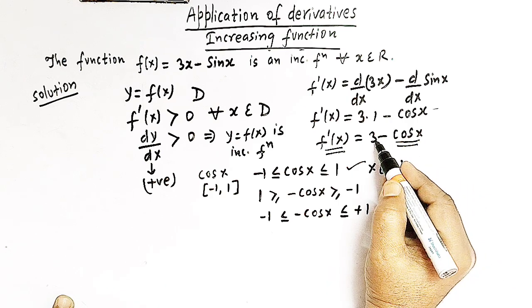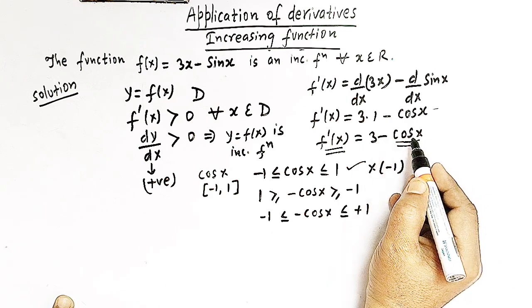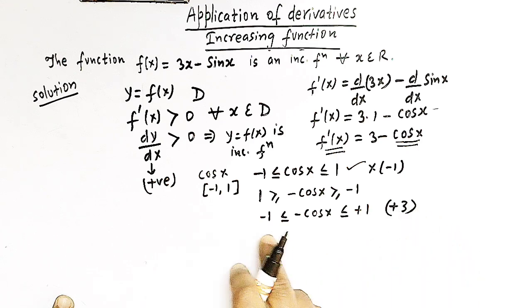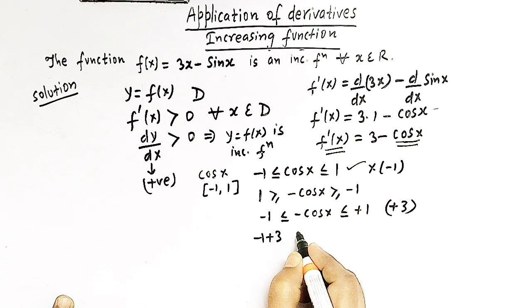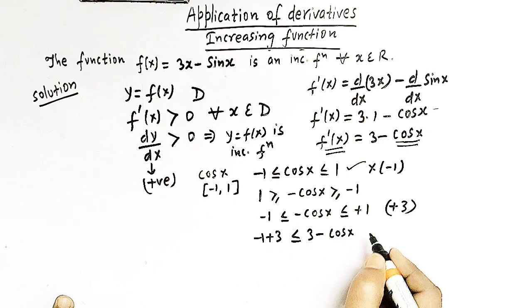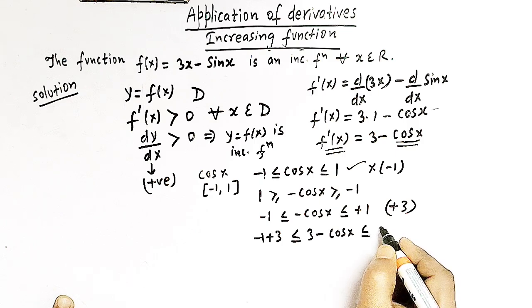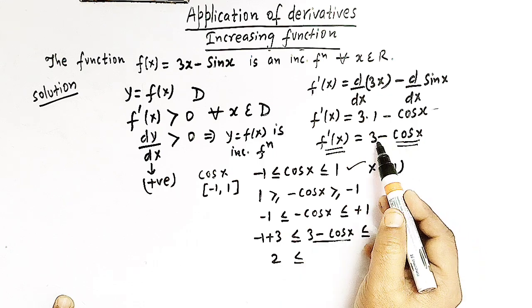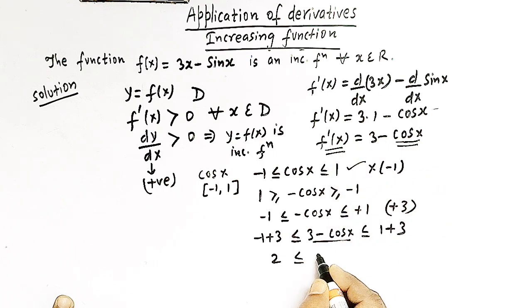Okay, so here we have 3 minus cos x. So let us add 3 throughout this inequality. So we have minus 1 plus 3. Then here we have 3 minus cosine x. And here we have 1 plus 3. So 3 minus 1 is 2. And 3 minus cos x is given by the derivative, that is f prime of x.